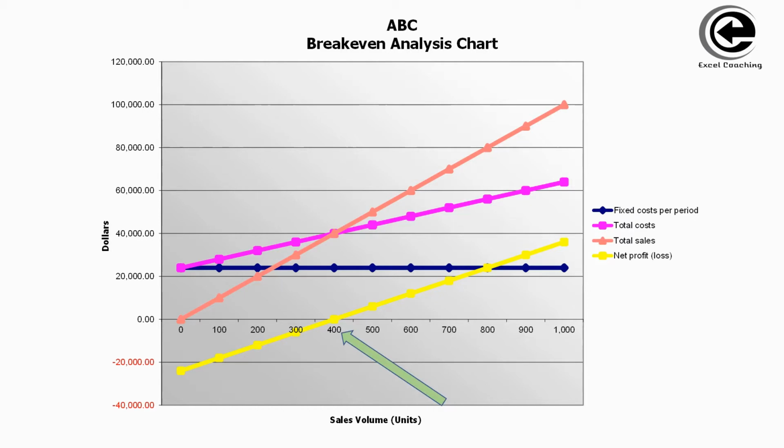See the yellow line. Beyond 400 units, it shows a positive number, that is, a profit. Conversely, any production less than 400 units, the company makes a loss. As you can see, the break-even analysis is quite powerful to understand the level of production a company must target to make a profit.